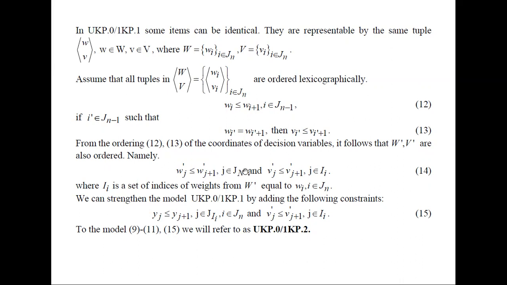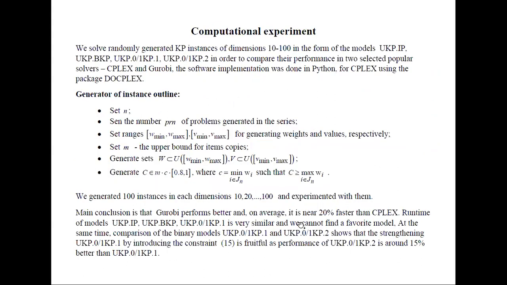So to the previous model, we add this constraint, which reduces our search domain a little and comes to one more model, which we refer to as 1KP2. And the last step of our research is a computational experiment, for comparison of these models and different solvers.